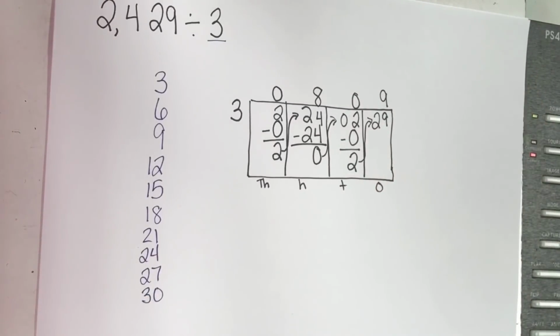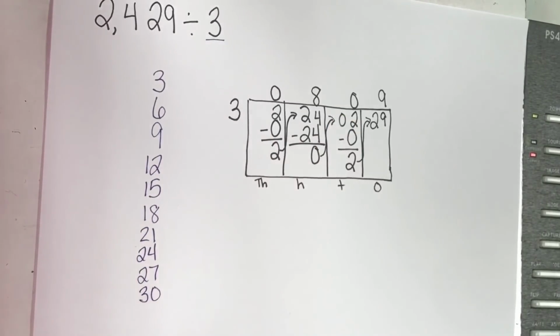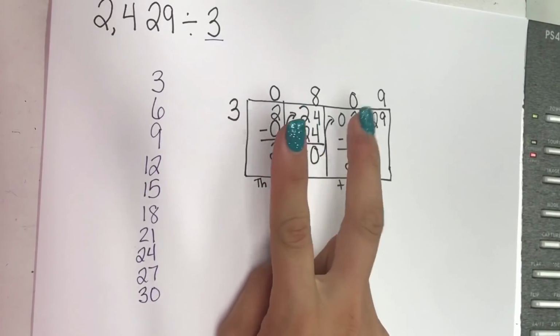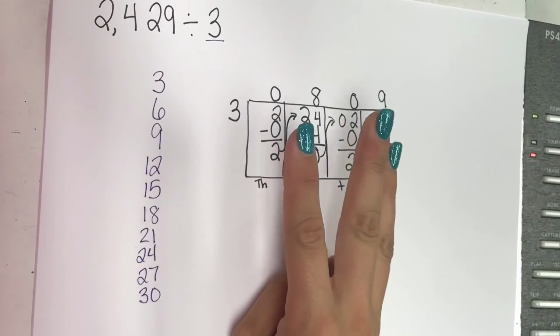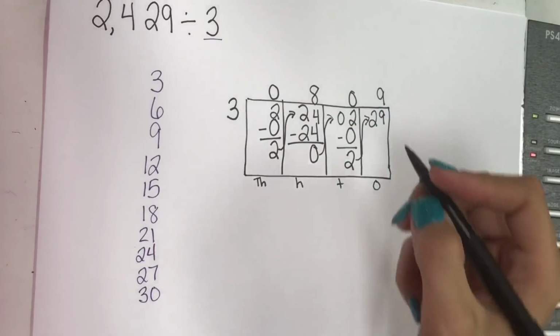So if I put 9 in 3 groups, in the first group there's 9, in the second group there's 9, in the third group there's 9, how many did I use? The first group is 9. Skip count by 9s. 9, 18, 27. So how many did I use? 27.